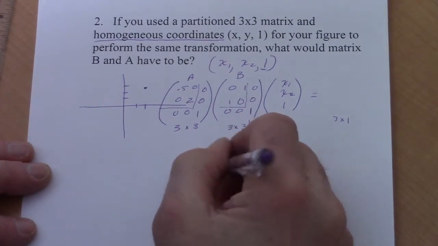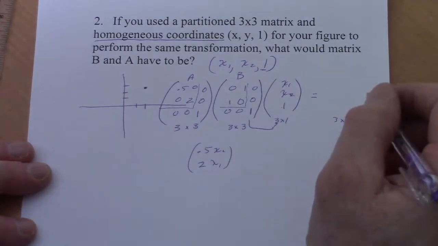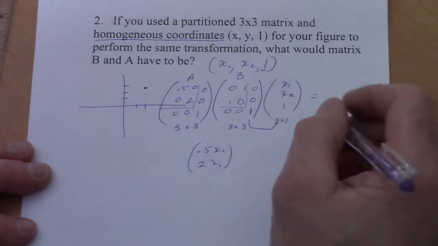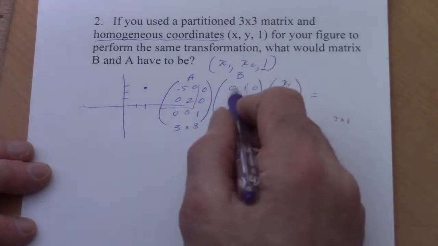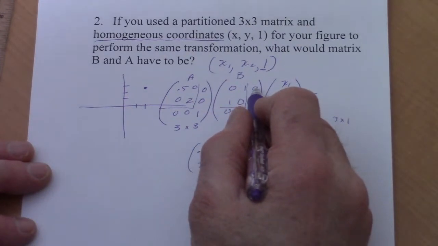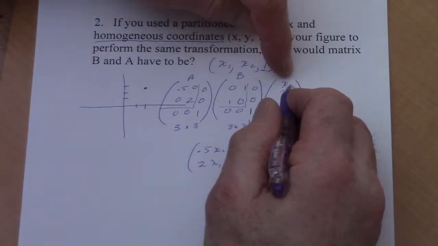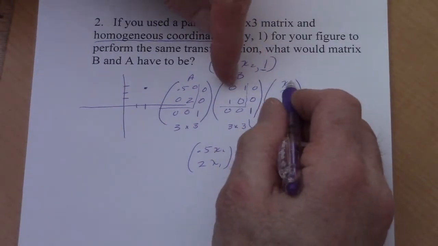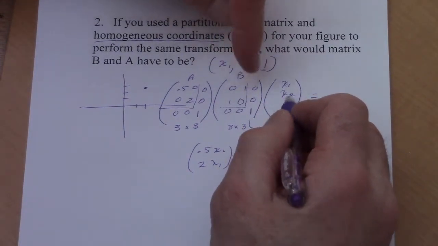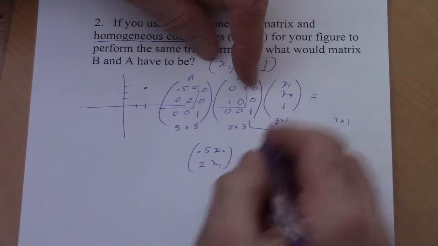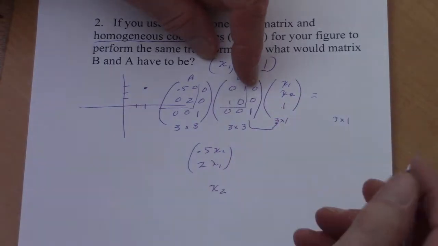x sub 1. So here we're going to want to have, if we multiply this 0, 1, 0 by x sub 1, x sub 2, 1, we'll get 0 plus x sub 2 plus 0, which is just x sub 2.